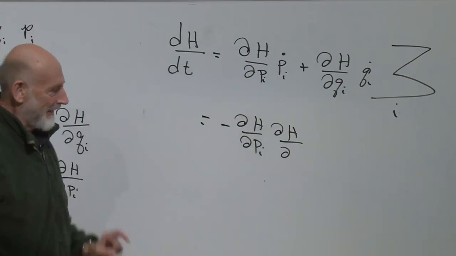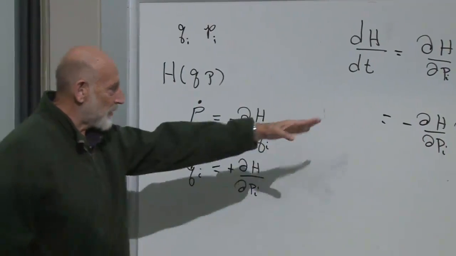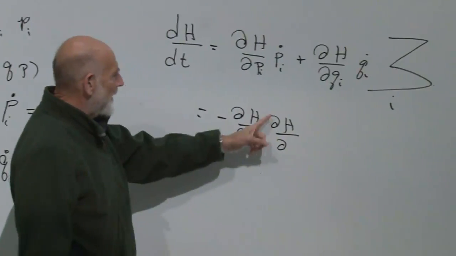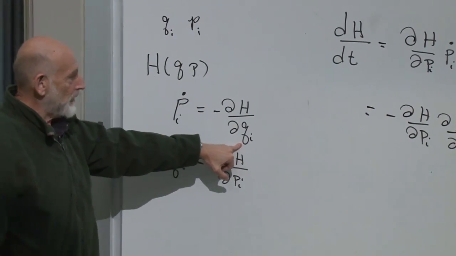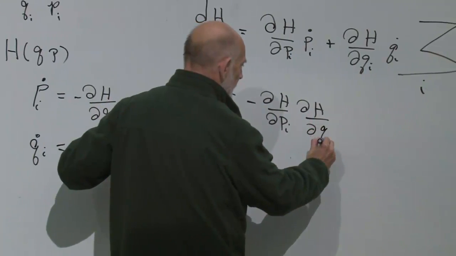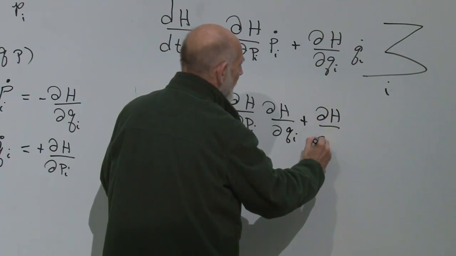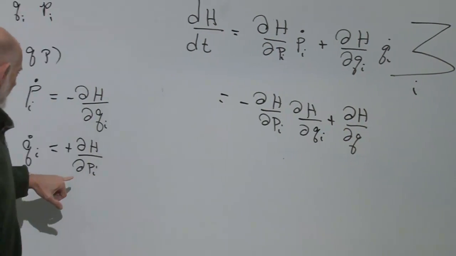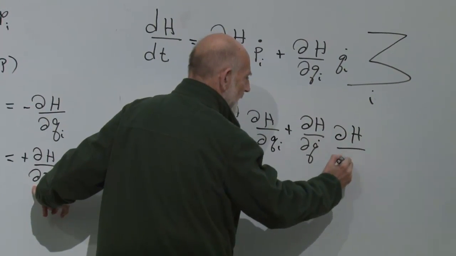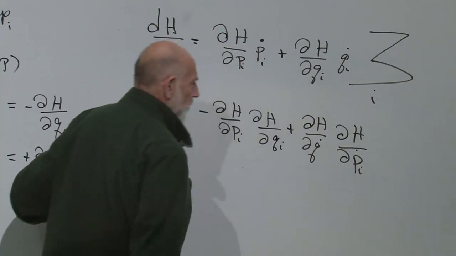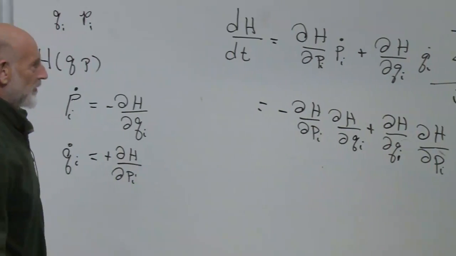I won't bother writing it again. I intend there to be summations over I in these equations. dH by dP sub I, times P sub I dot, but P sub I dot is minus dH by dQ sub I. So there's a minus sign, dQ sub I, then plus dH by dQ sub I, and now Q sub I dot. Q sub I dot is dH by dP sub I. Nope, no dot. Dot my i's, not my q's.